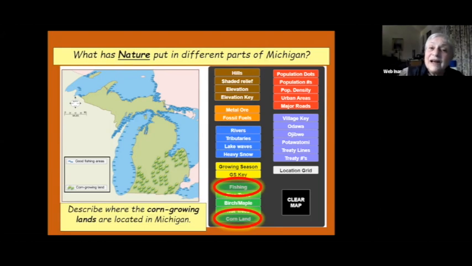And again, like with the other maps, it's important to take something that will turn out to be very important, the corn growing areas, and ask, where is that located? Students might say it's in the bottom of the mitten. They might say it's in the south part of the mitten. But the best corn growing area is not scattered all throughout Michigan.